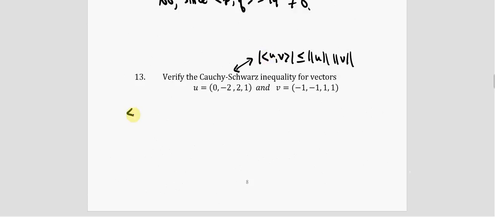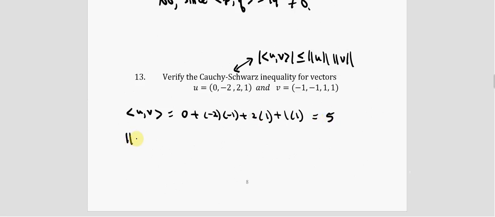Okay, so here we need the inner product of u and v. So this becomes 0 plus -2 times -1 plus 2 times 1 plus 1 times 1. So this gives us 4 plus 1, we get 5.